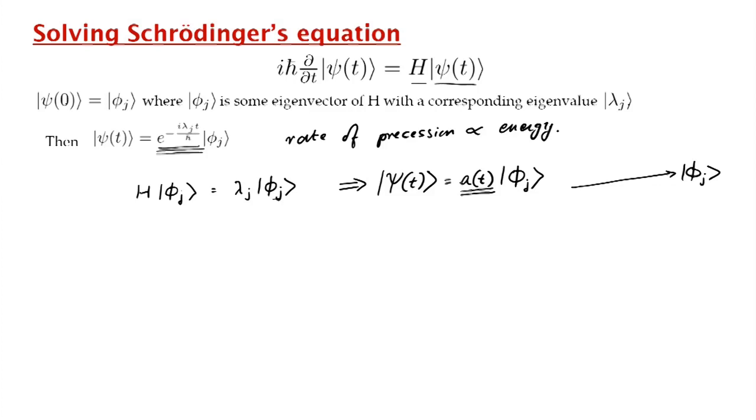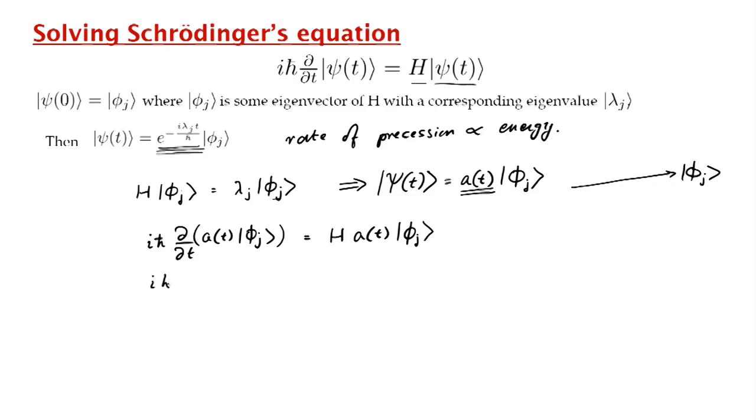And so we substitute this back into Schrödinger's equation. We get i h bar d by dt of a of t phi j is equal to H times a of t phi j. Let's rewrite this. Phi j is, of course, independent of t, so we can pull it out.